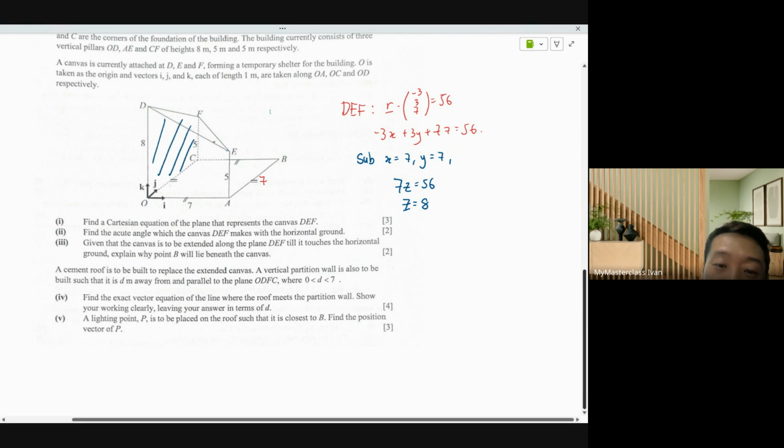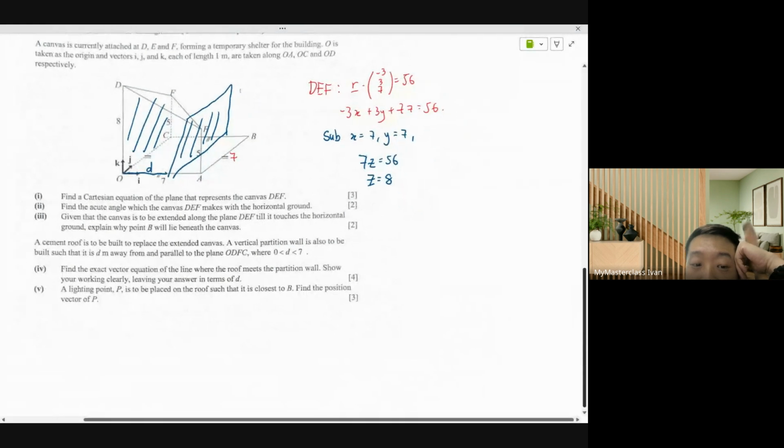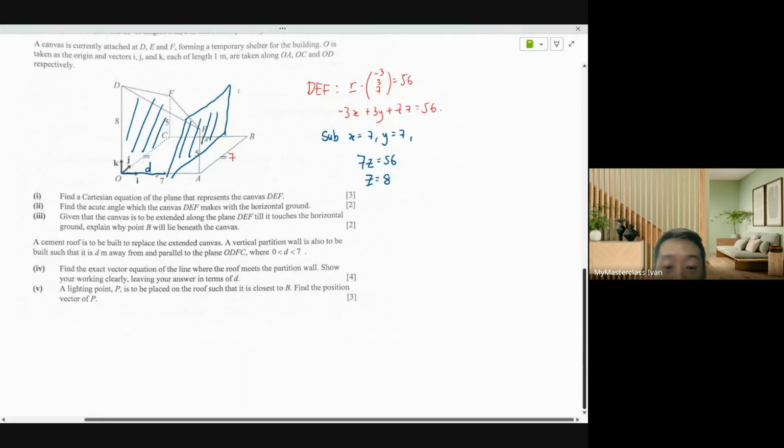I'm supposed to build a wall that is parallel to this plane. How far away? D-meter away. Find the exact vector equation of the line where the roof meets the wall.